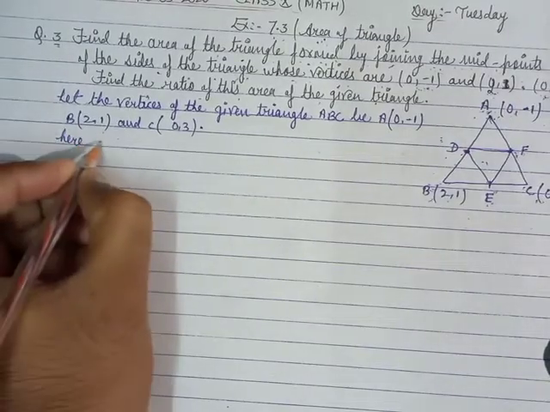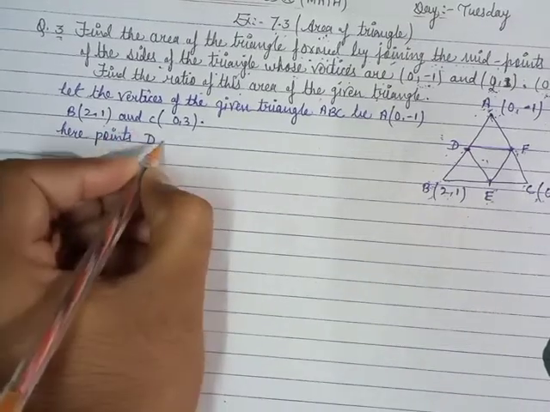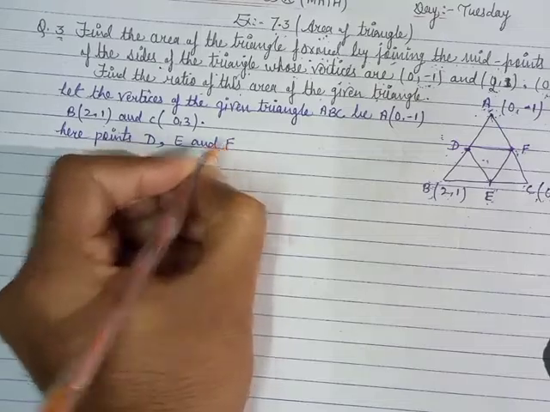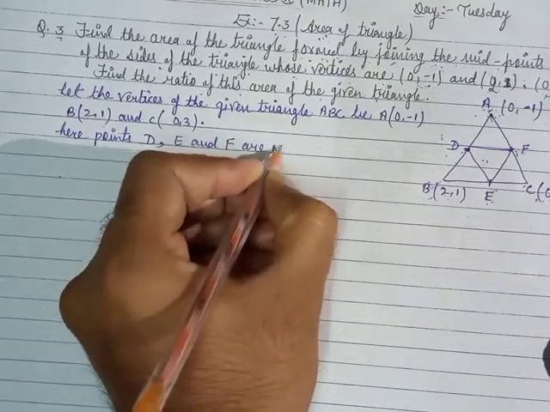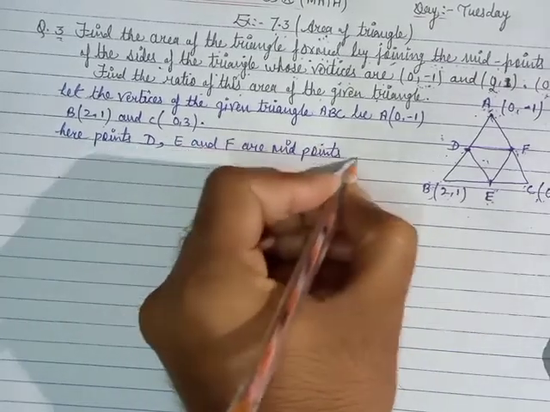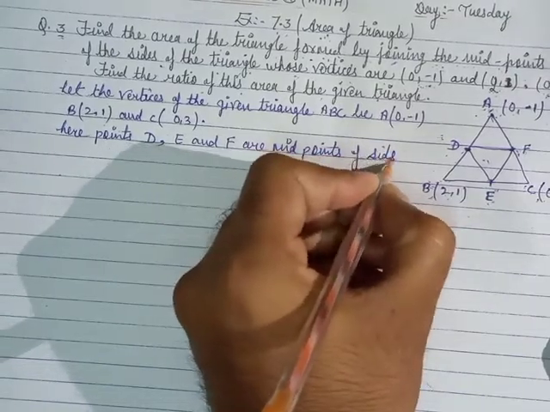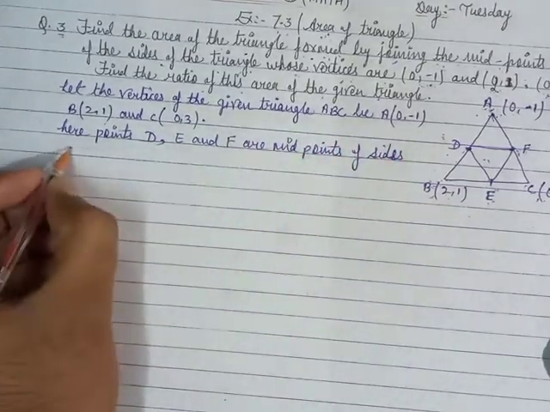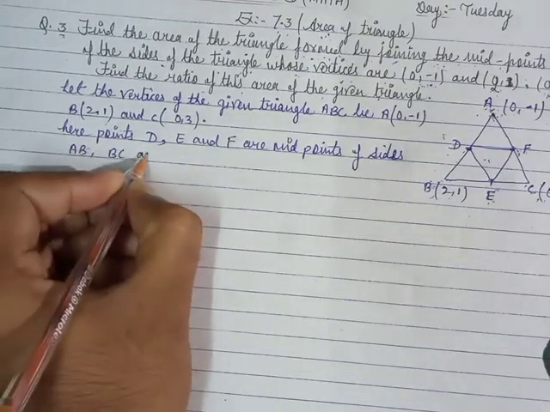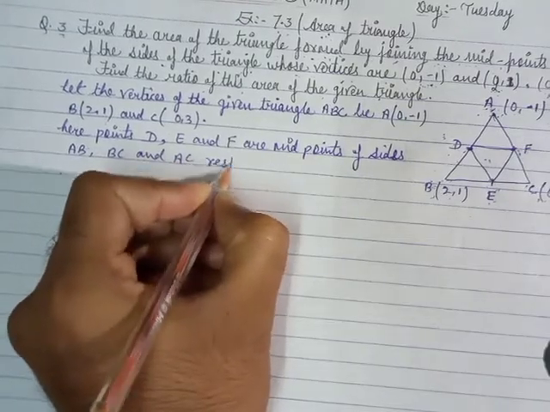Here points D, E and F are midpoints of sides AB, BC and AC respectively.